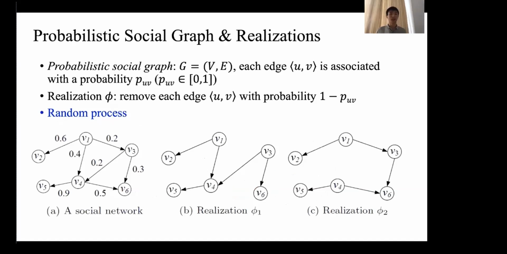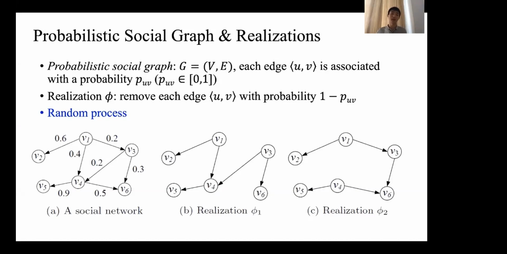So in this work, we consider a probabilistic social network to model the influence spread or the information diffusion. We consider each edge is associated with a probability p(u,v) to represent the probability that a user u influences his neighbor v. So due to such randomness, we can get different results of influence diffusion. We call it a realization.